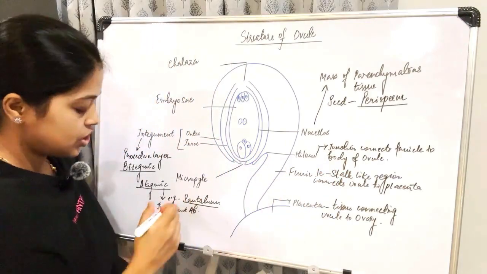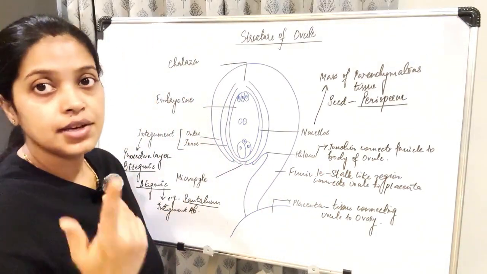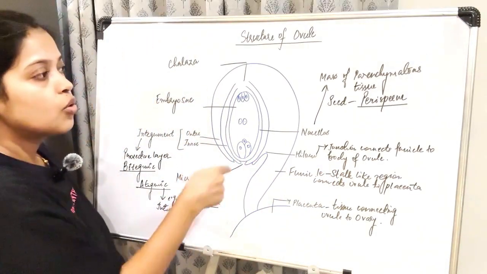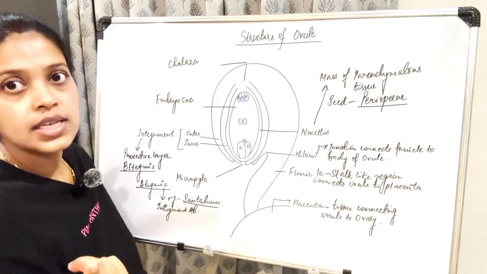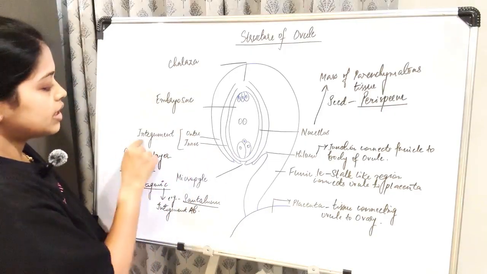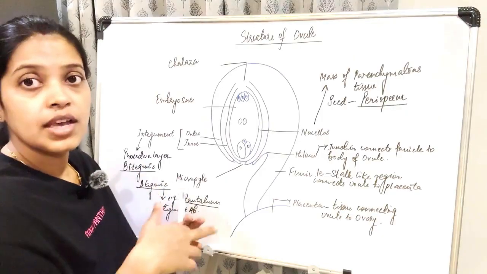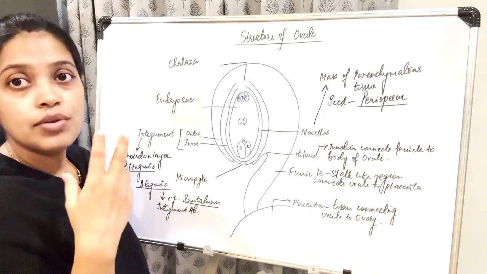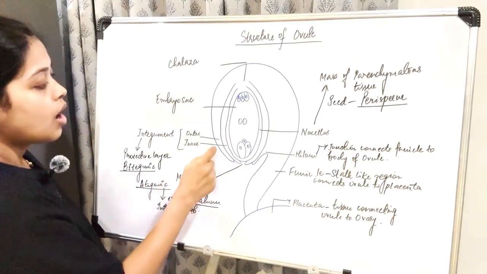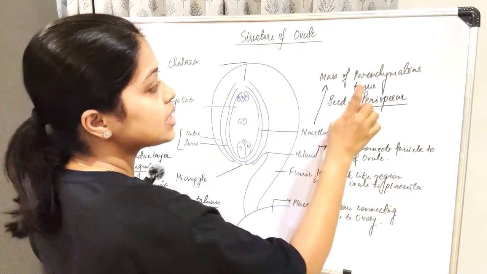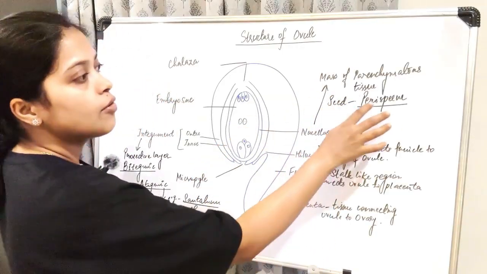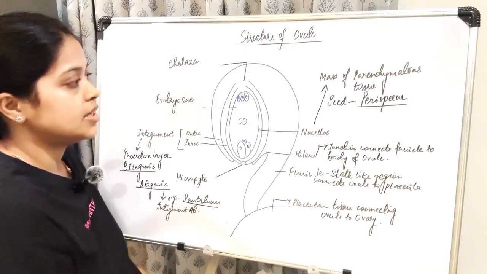After fertilization, I told you that the ovary is converted into the fruit and the ovule is converted into the seed. So these integument layers finally make the outer walls of the seed, the hard seed coat. But if the nucellus still persists in the seed, we call it perisperm.